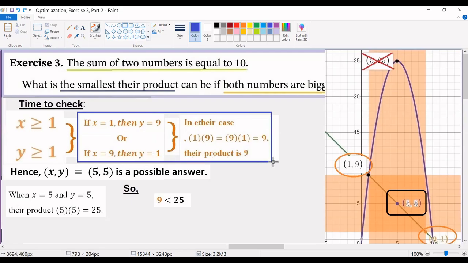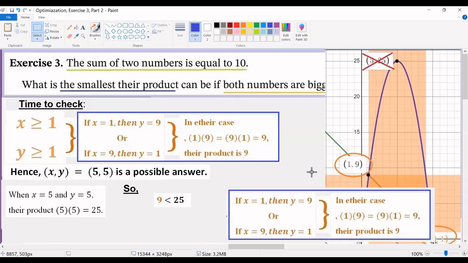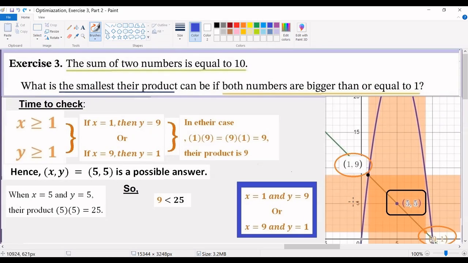So we can conclude that the product we're looking for is 9. Huzzah! We did it! We found the smallest product of two numbers whose sum is equal to 10, and both numbers are greater than or equal to 1.